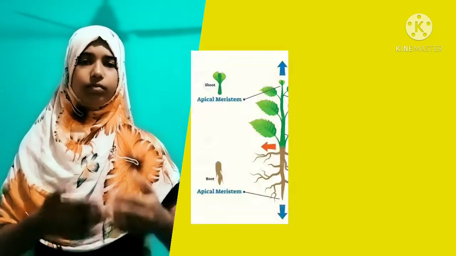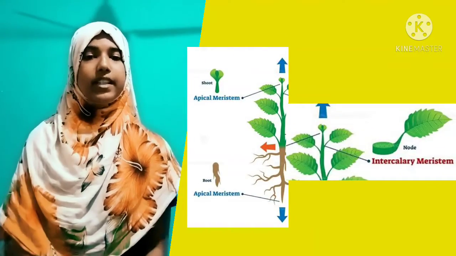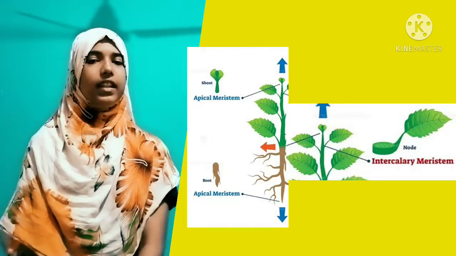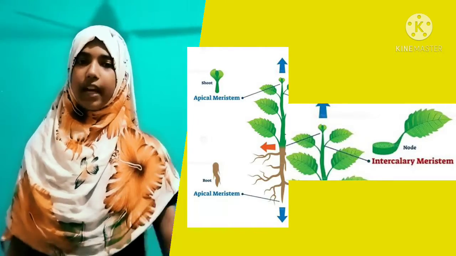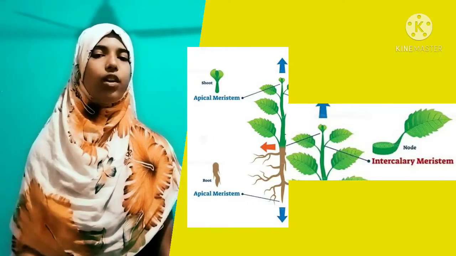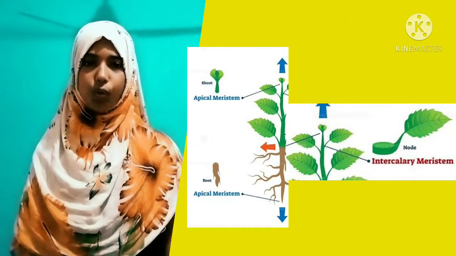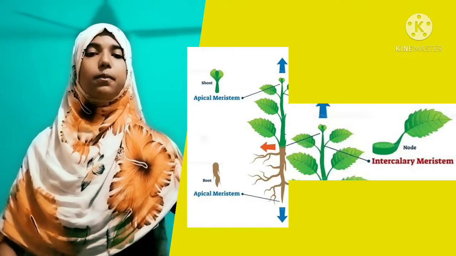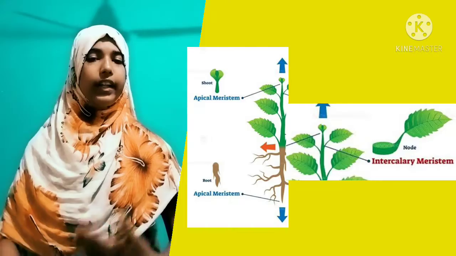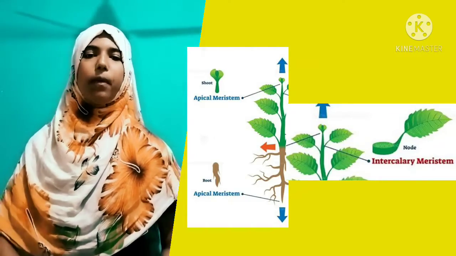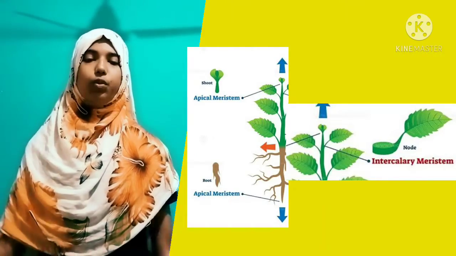So what is apical meristem tissue? It is present in the tip of the top stem, we can say. It is also present in the tip of the root, which helps them to grow continuously. Next, intercalary meristem helps the plant to grow and divide their branches.